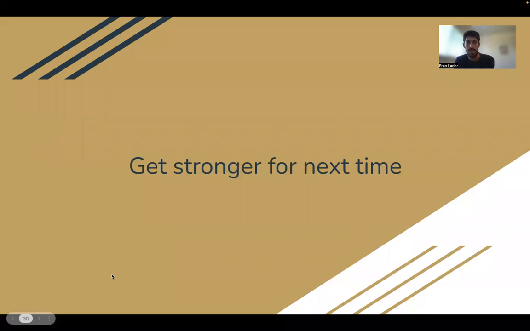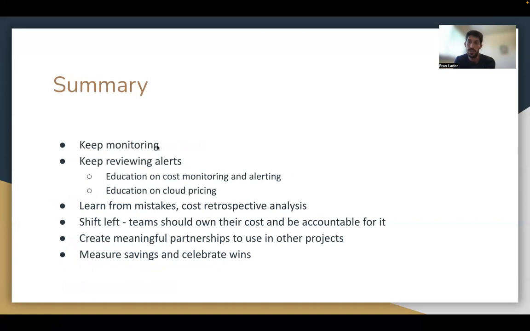And yes, to summarize, we want to get stronger for next time. So keep monitoring. Alerts are only one thing to do in monitoring. We want to review alerts. We want to educate on cost monitoring and alerting, and educate on FinOps, cost pricing, and so on. We want to learn from mistakes.